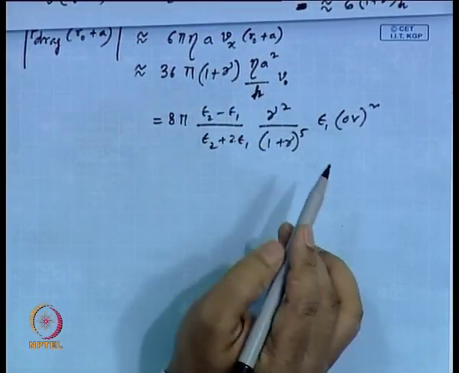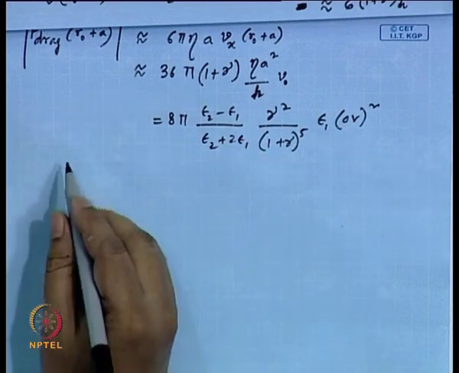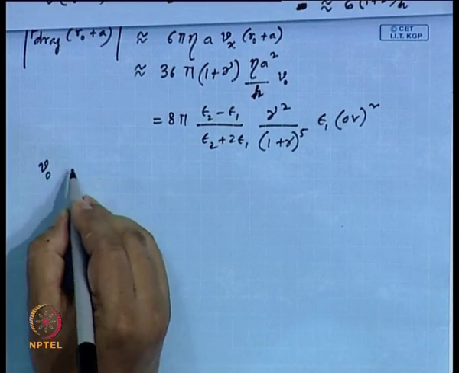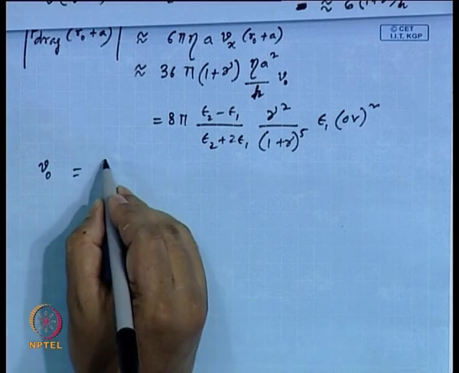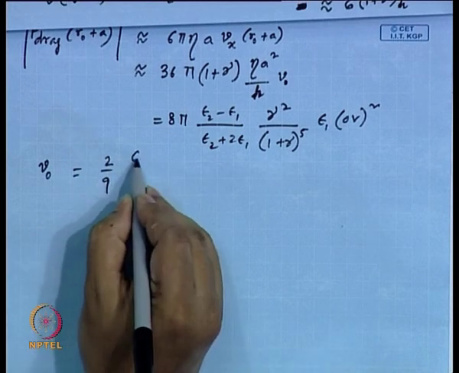Now, you equate these two and you will get a fair idea of what should be v naught. So, this is v naught. The expression for v naught would be something like this.